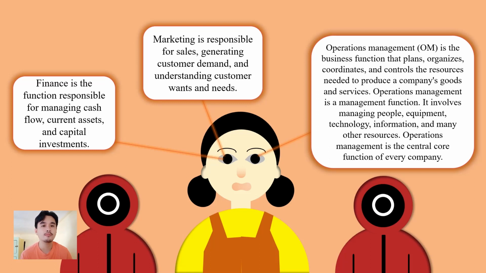So, for marketing, this is responsible for sales, generating customer demand, and understanding customer wants and needs. For operations management, or the OM, this is the business function that plans, organizes, coordinates, and controls the resources needed to produce a company's goods and services.